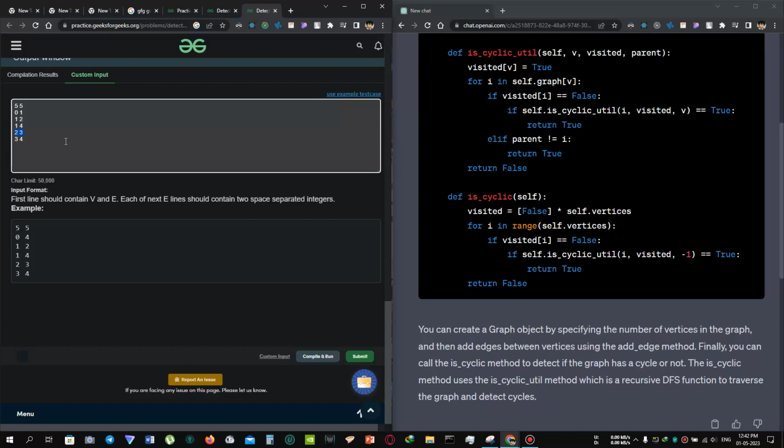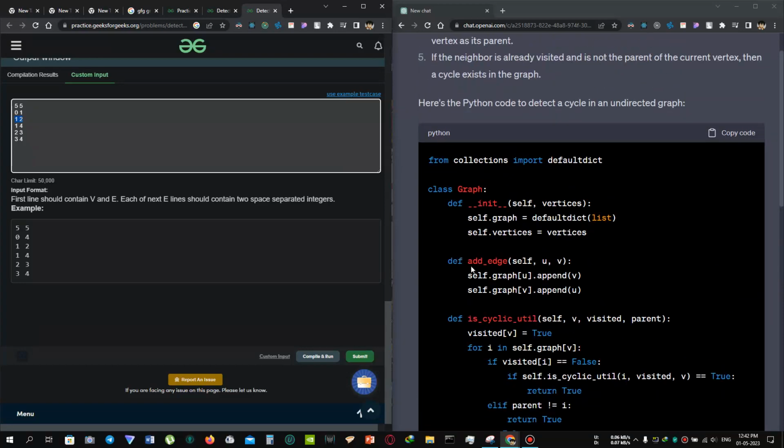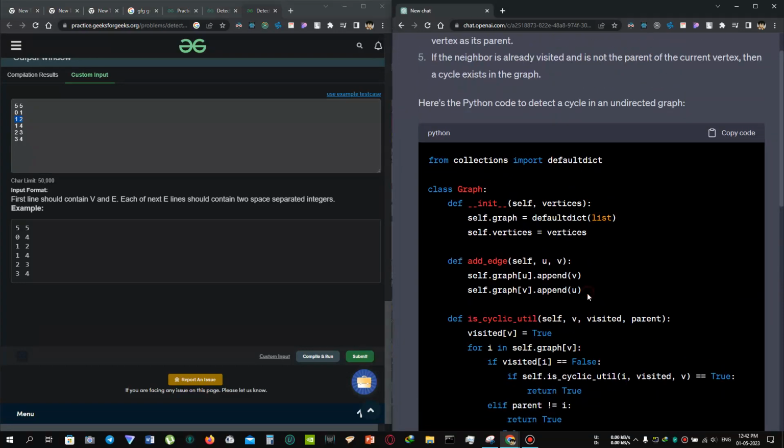Now I am guessing that internally they do it like this. If they find a path from 1 to 2, they add edges as 1 to 2 and 2 to 1. Here you can see this add edge function.